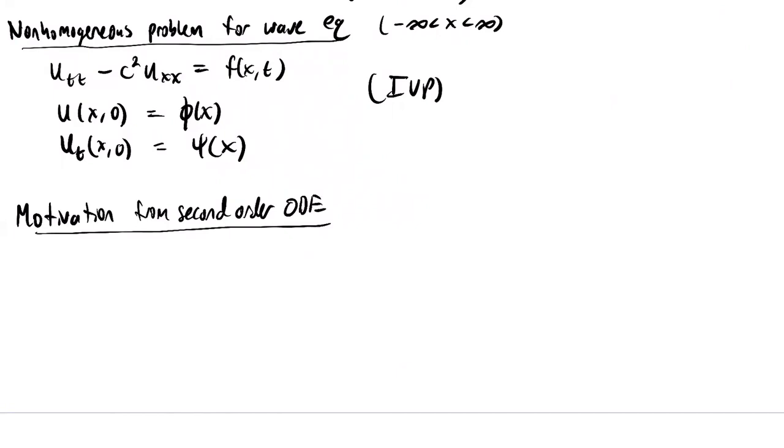And as I wrote this, I just realized I forgot to mention, what is the physical relevance of this f? The f will represent maybe some outside force acting on the wave. Why is that?